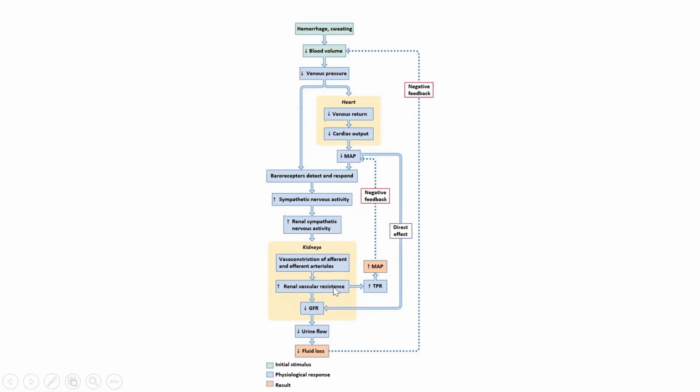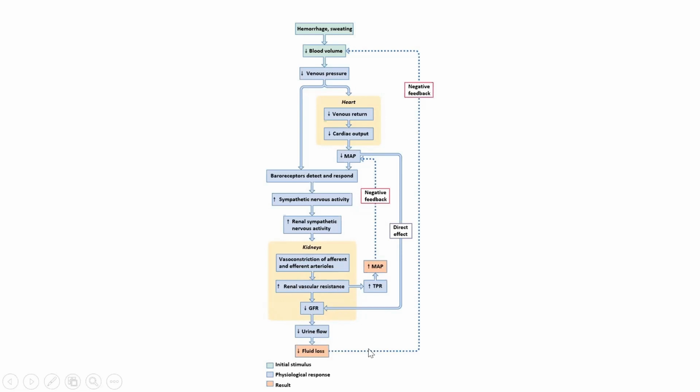But what they're also going to do is increase the sympathetic signals that are going to the kidney. And the sympathetic signals cause vasoconstriction. So there's going to be vasoconstriction of the afferent and efferent arterioles, which would drop GFR, okay?